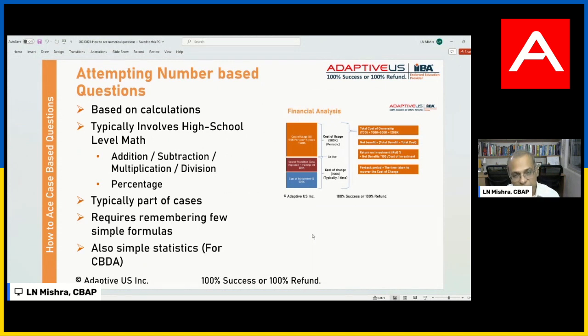And usually numerical questions come as part of a case question. It's unlikely that you will see them on their own. Obviously, if we are trying to compute certain numbers, it will require you to remember certain simple formulas and also possibly simple statistics, especially if you're going for the examination which is CBDA.